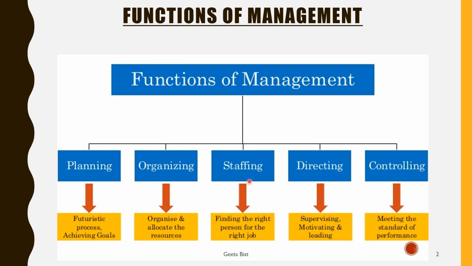All these things now lead to the crucial function of directing, which initiates action. That means here comes the function of management which executes the plans and implements the plan. And this is one function which involves four elements, including supervision, motivation, leadership, and communication, that we will be discussing in detail in the slides to come.